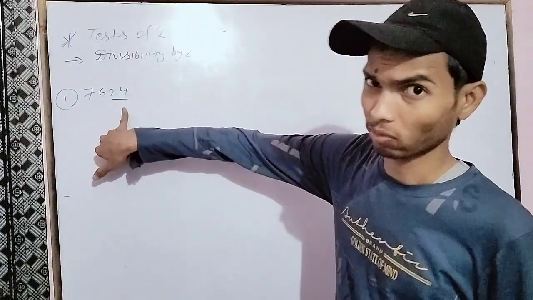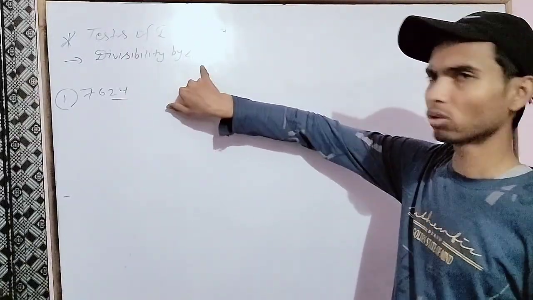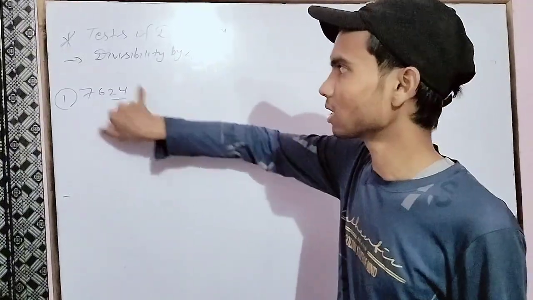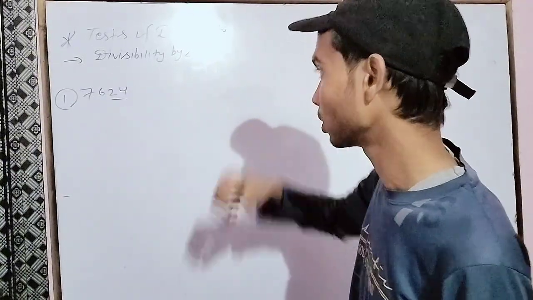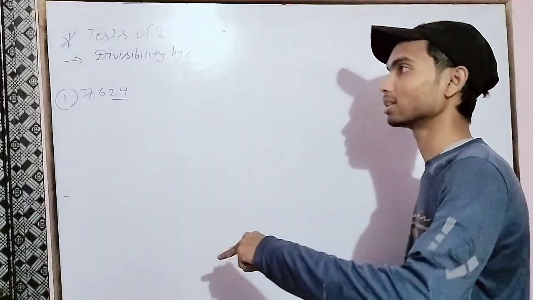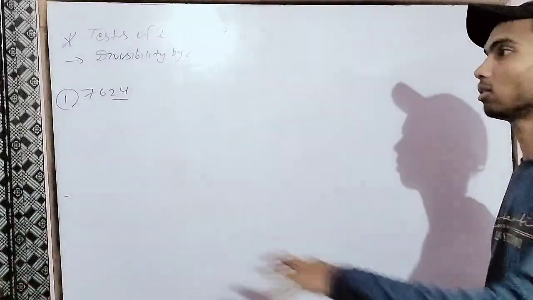Yes, 4 times 6 is 24. That's why this whole number is divisible by 4. So if the two digits together are divisible by 4, then the given whole number will be divisible by 4. This was divisibility by 4. Clear?